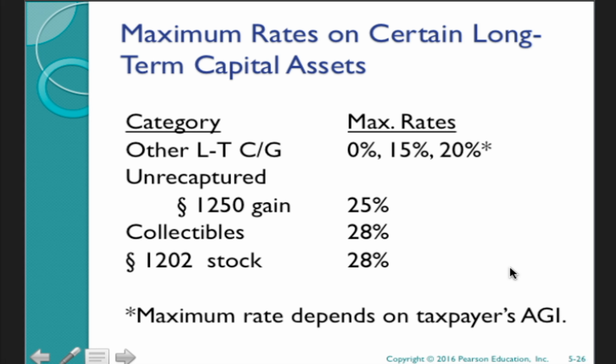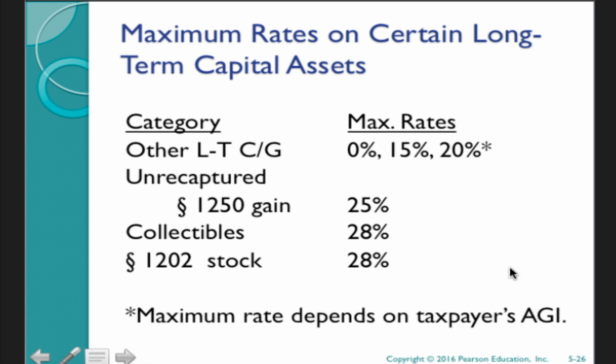But keep in mind that generally the people in the highest brackets that are getting that 20% rate are looking at rates above 35% on their normal taxes. So that's not 0%, but it's still a substantial savings over what the normal tax rate would be on that money. But even for some of these other types of capital gains and losses, like unrecaptured Section 1250 gain, I don't really care that you know what the sections say at this point in time.